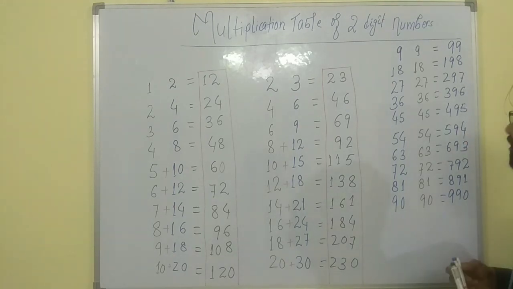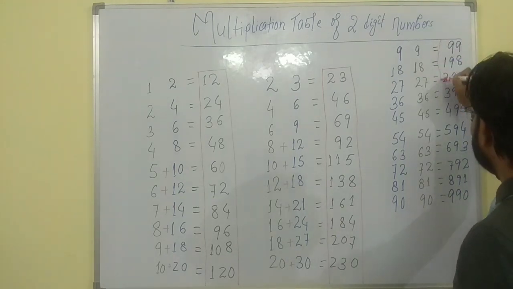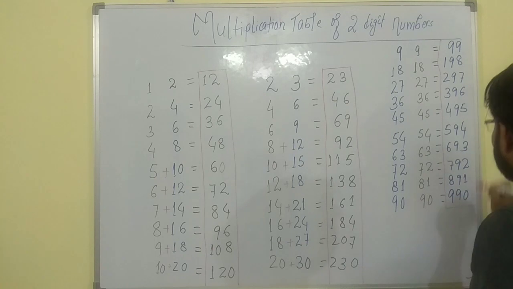So we have got the table of 99 within no time.